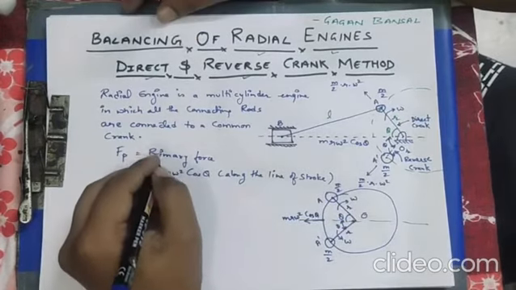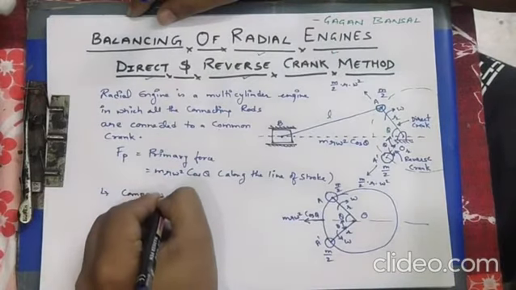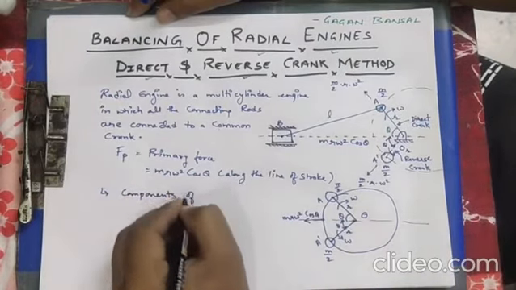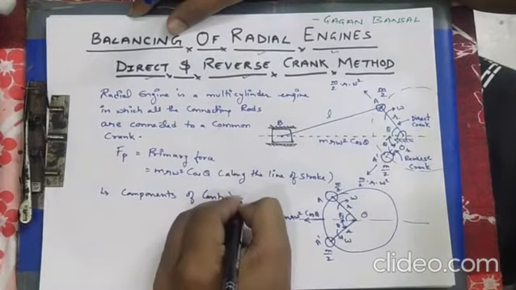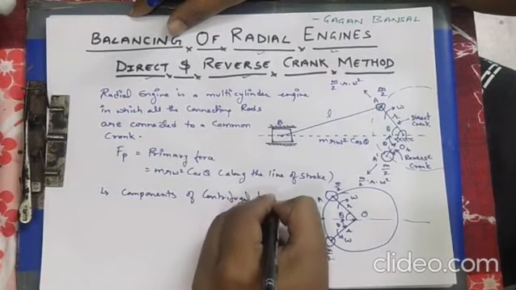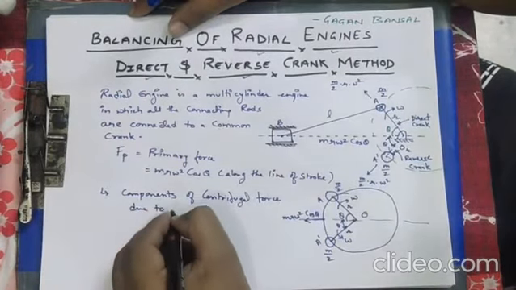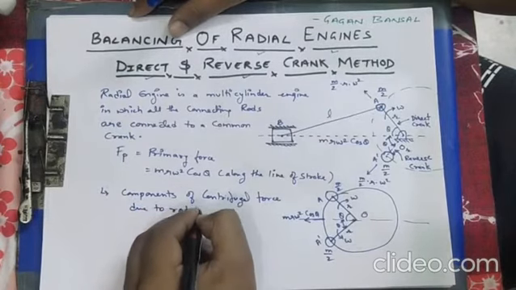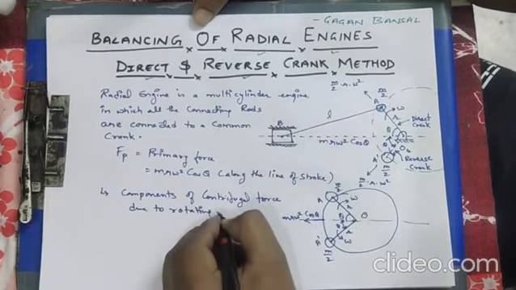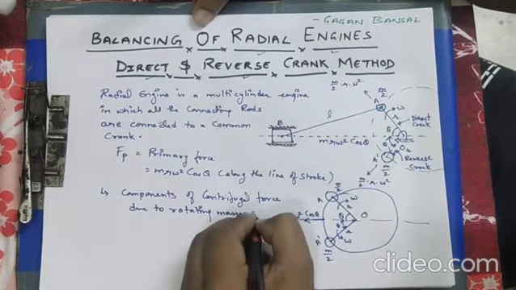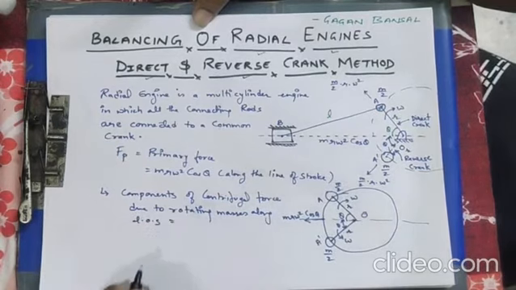So the components of centrifugal force due to rotating masses along the line of stroke will be how much?